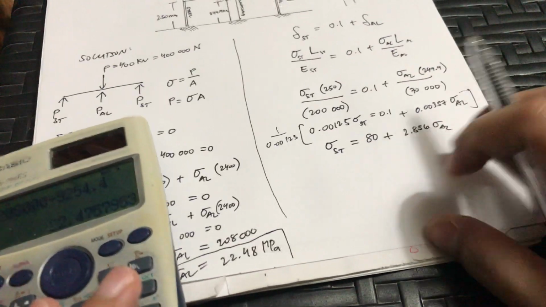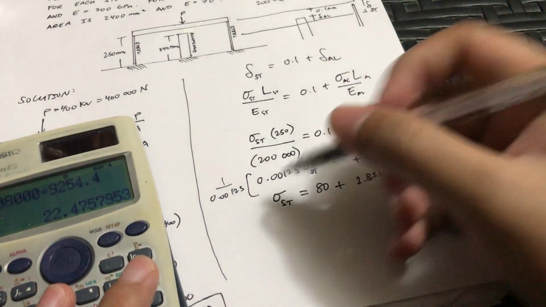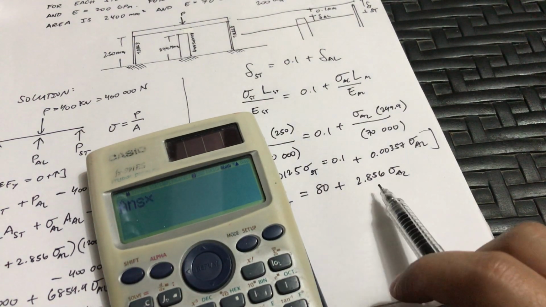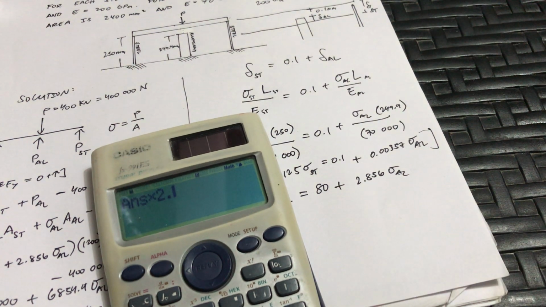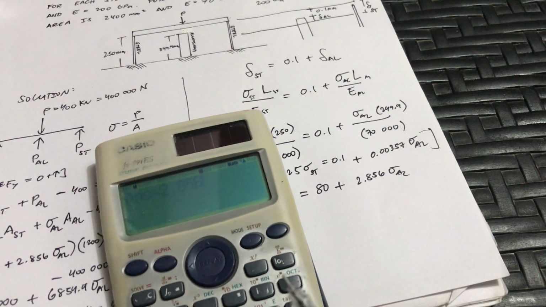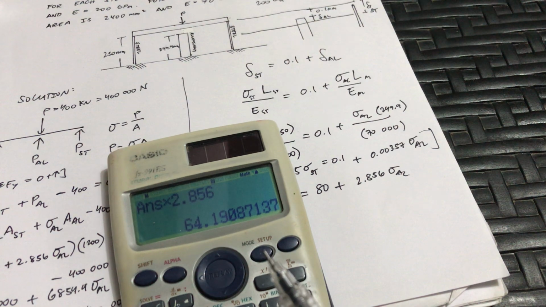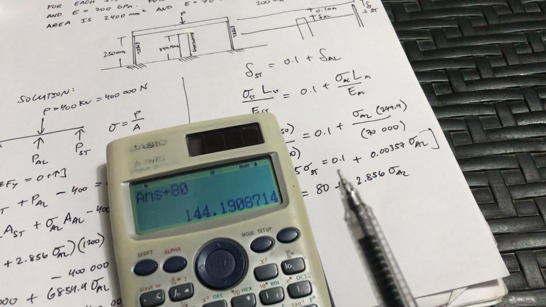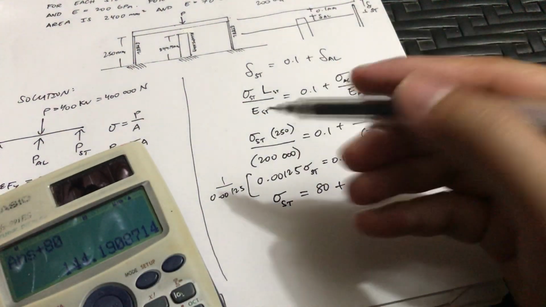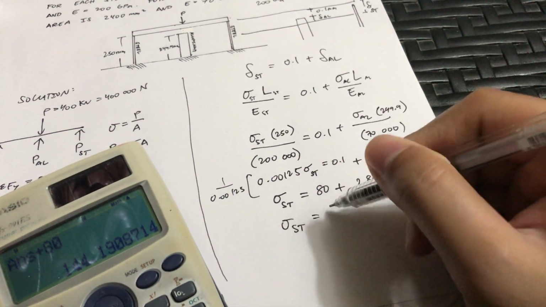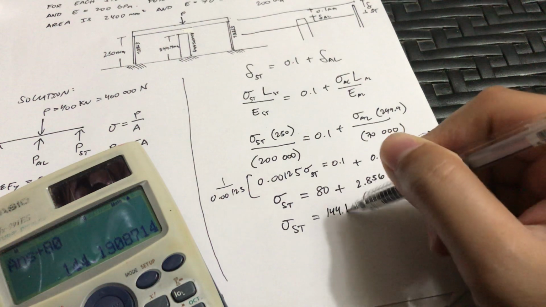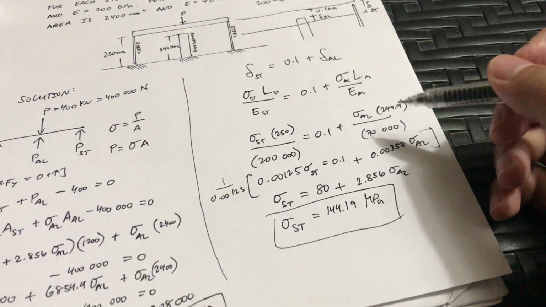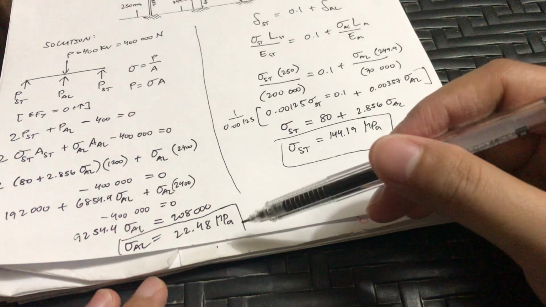Solving for the stress in steel, that would be the answer of the aluminum times 2.856, then plus 80, we'd get 144.19. So the stress in the steel is 144.19 MPa. We have our two answers for the steel and for the aluminum.